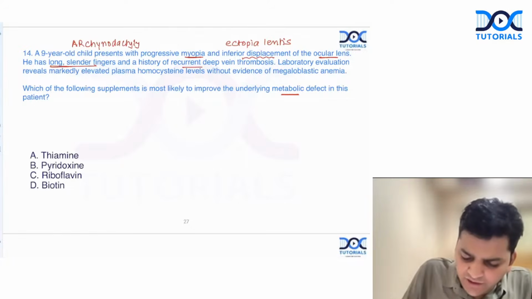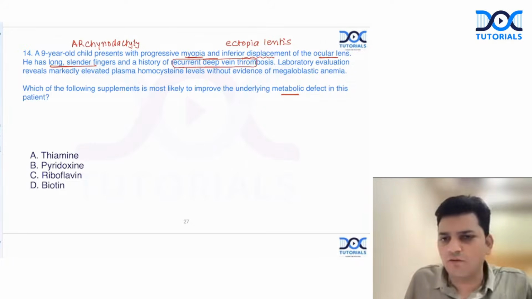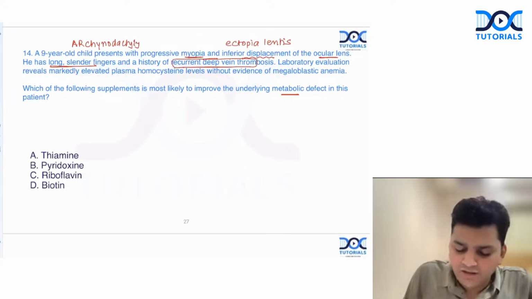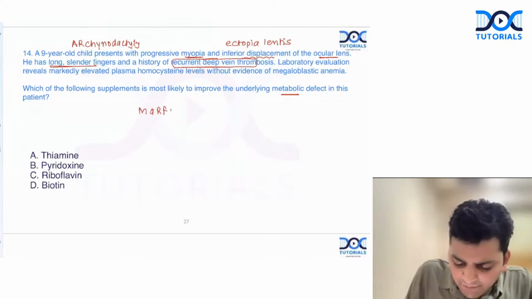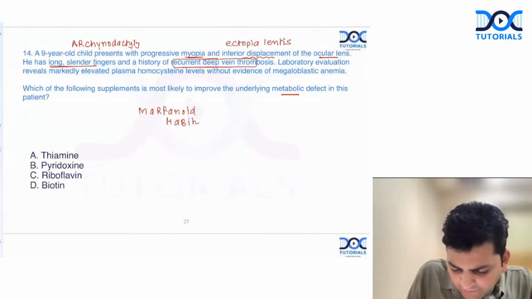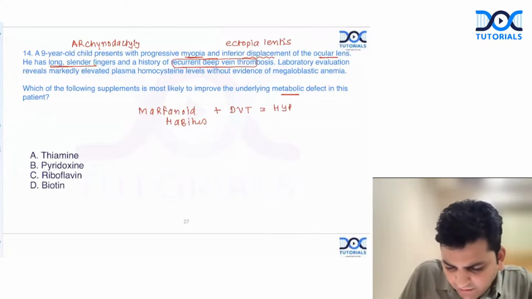The history of recurrent DVT, the moment I see this DVT word, now I have made my diagnosis, right? The moment you see marfanoid habitus plus DVT, the answer is clear. It's hyperhomocystinemia.